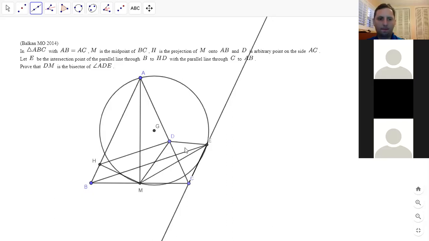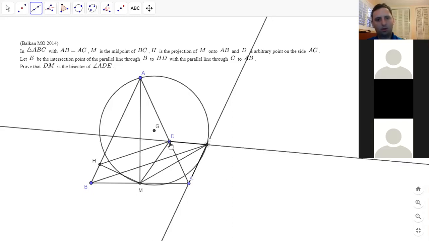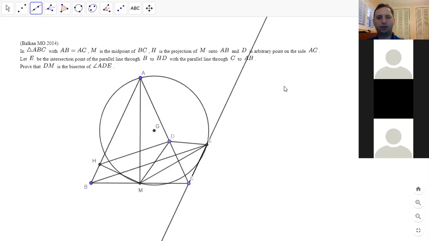Yeah, so we need to show that M is the excenter of EDC. That would solve the problem.